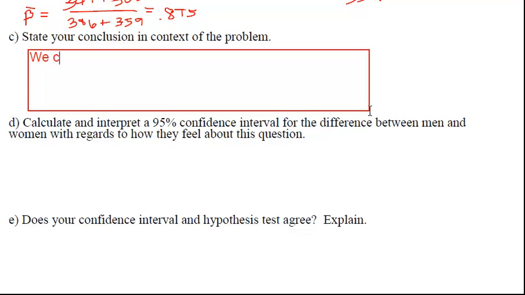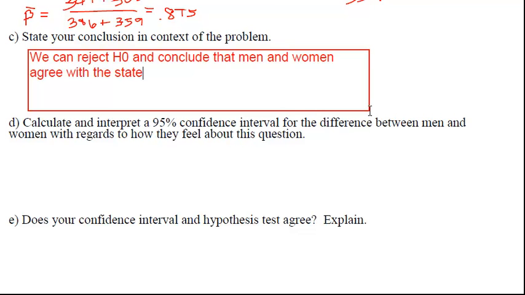And we can reject H naught and conclude that men and women agree with the statement at a different rate. It's just another way of saying that the proportions are different. So men and women differ with respect to how much they agree with the statement.